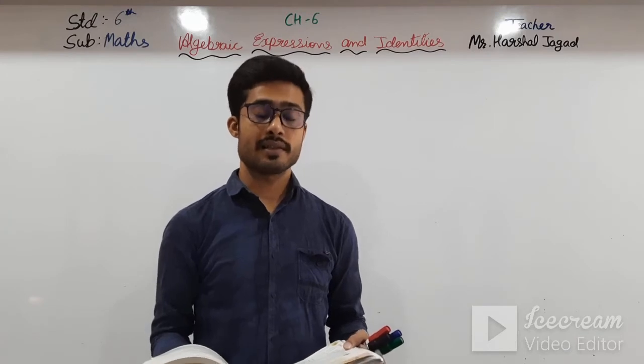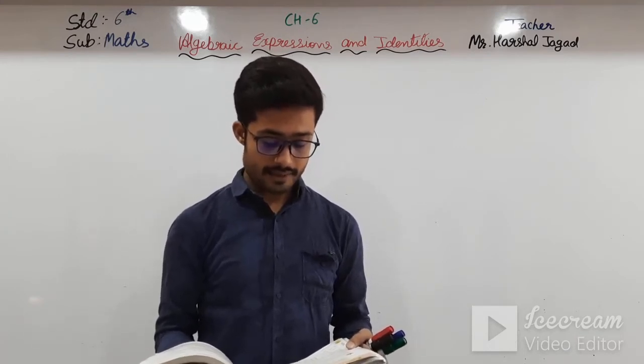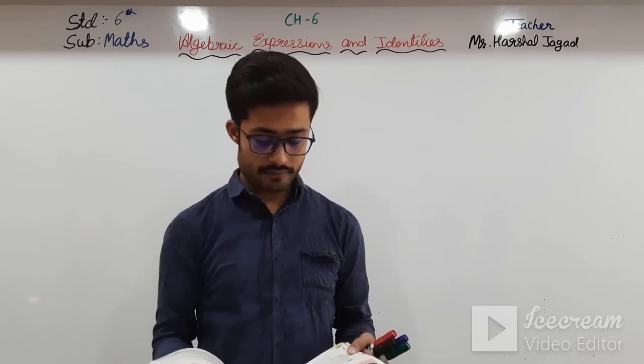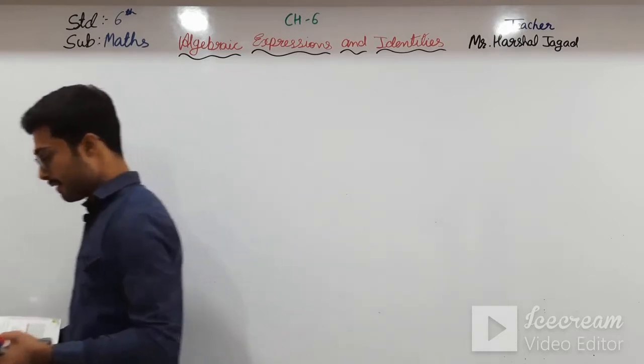So in all the cases we get the answers 1, 5, 9, 13, 17 and 21. In general, the formula is 4x minus 3.